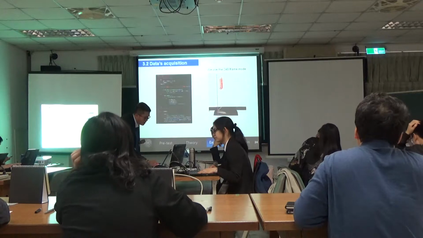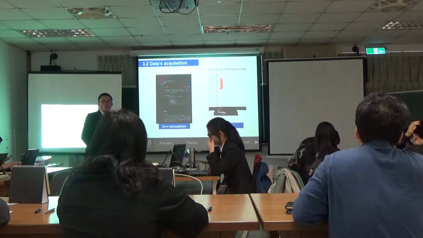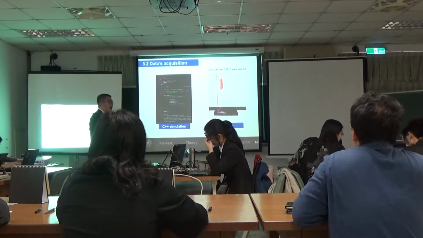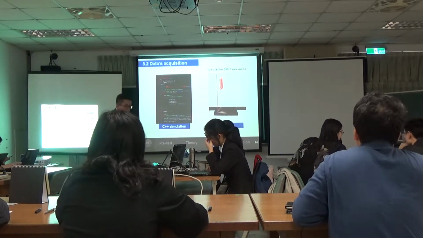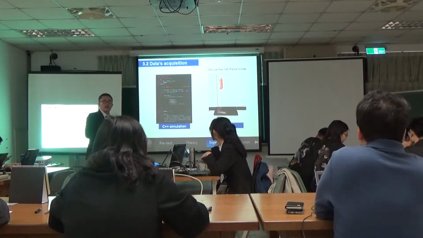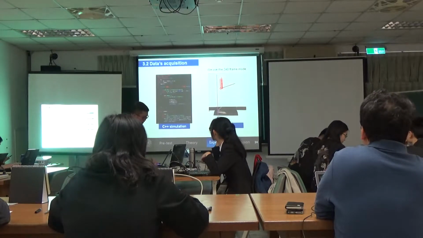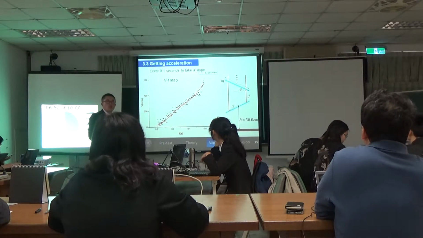Then these are our data. We use some C++ to simulate, so that we can have serial data, and we use Tracker to mark the center of the top block, so that we can get its velocity over time figure. And then this is our way to get its acceleration.